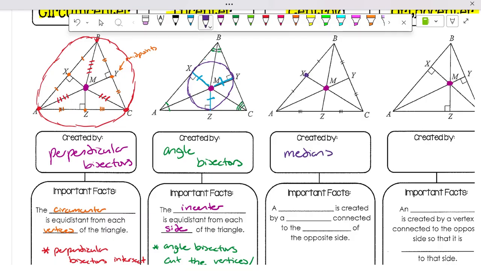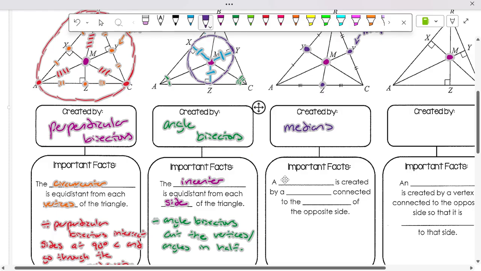Now, look at what X, Y, and Z are. They're midpoints because we have congruent segments on either side of them. So the median always goes through the midpoints. A median is when you draw a line from the vertice to the midpoint. Now, it doesn't necessarily hit at a 90-degree angle.